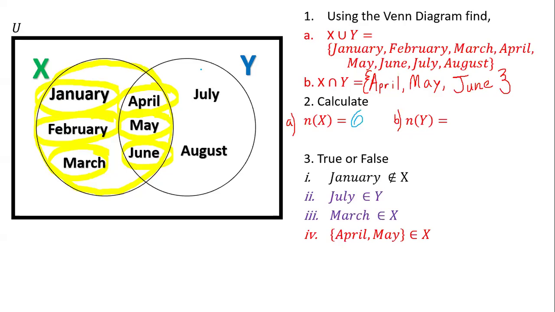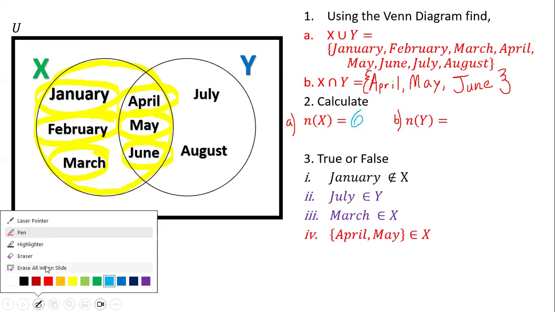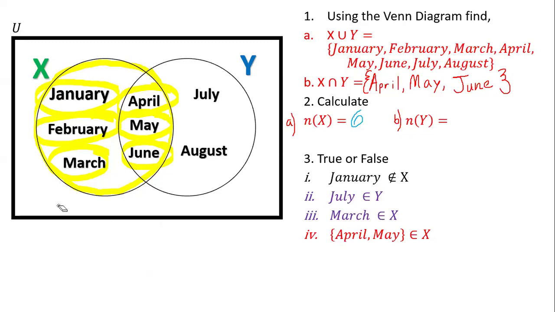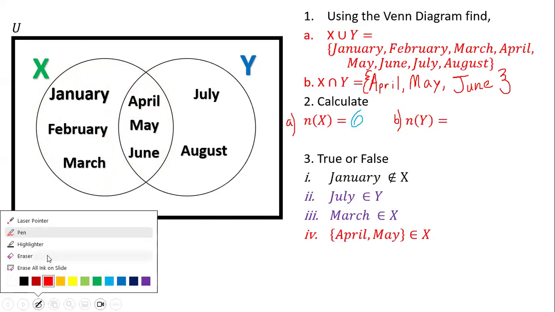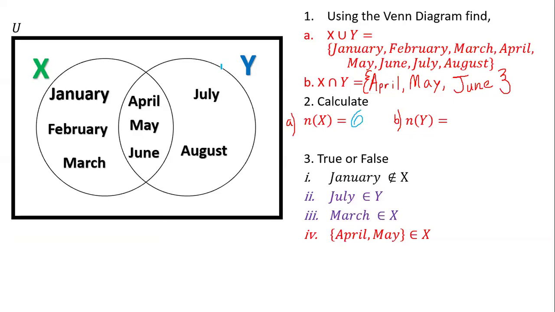All right, so we have January, February, March, April, May, and June. So Leandre, we want to figure out the answer for B, the number of elements in Y. So what is that going to be? 5.